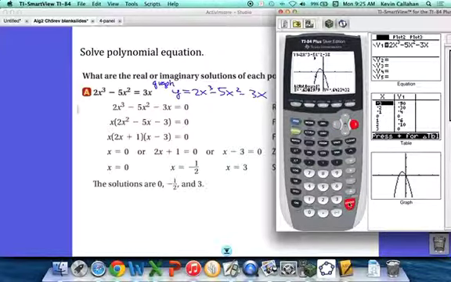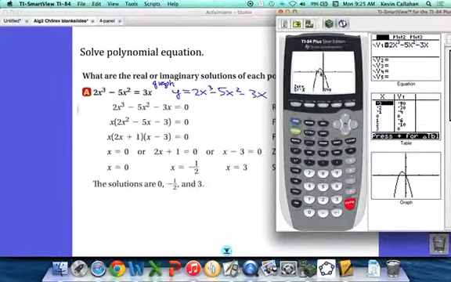And for the right bound, you could use your right arrow to go to the other side of the x-axis. Like that. Hit enter. And then when it says guess, you always just say enter. If it doesn't work, you go back and try it again, but there's not any options to do anything else anyways, right? So just hit enter. And it goes right to the 0, which is -0.5, -1/2.